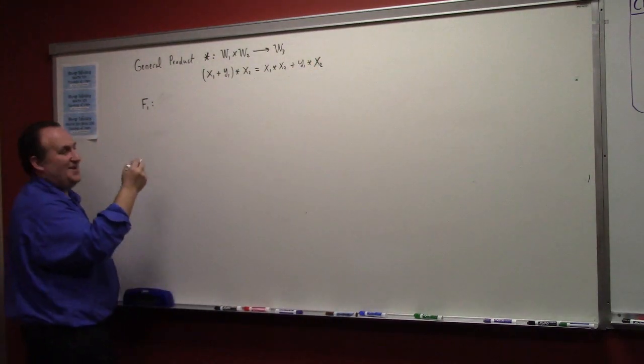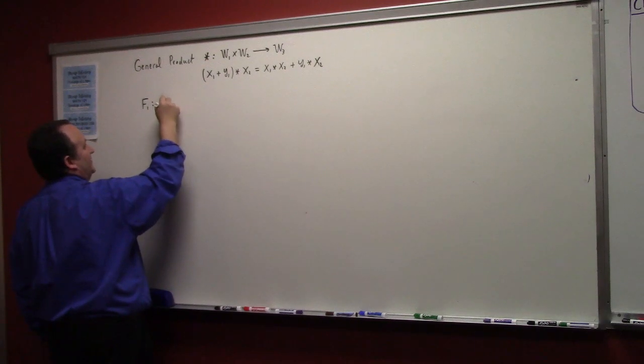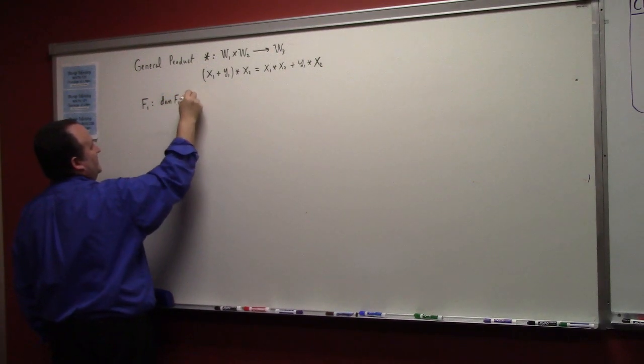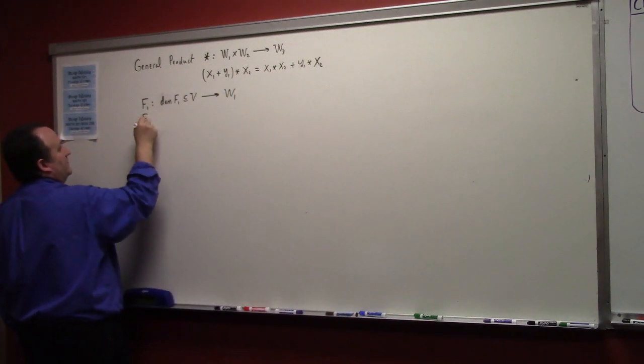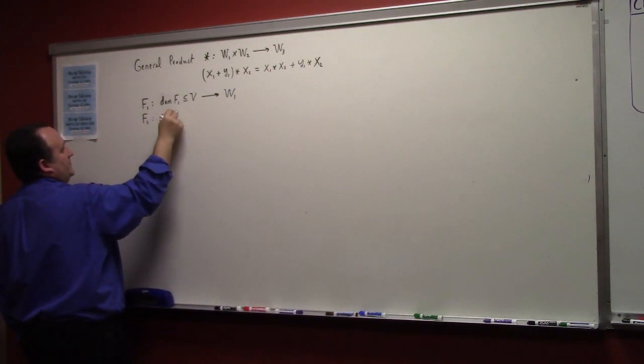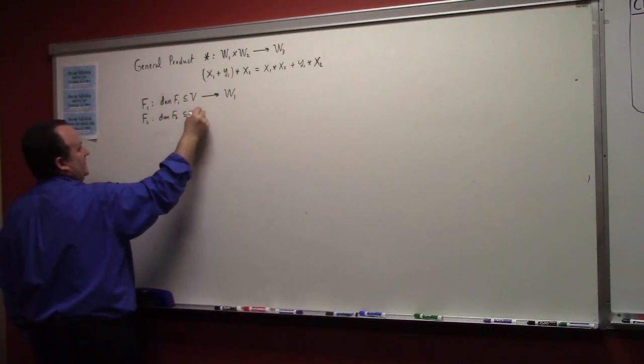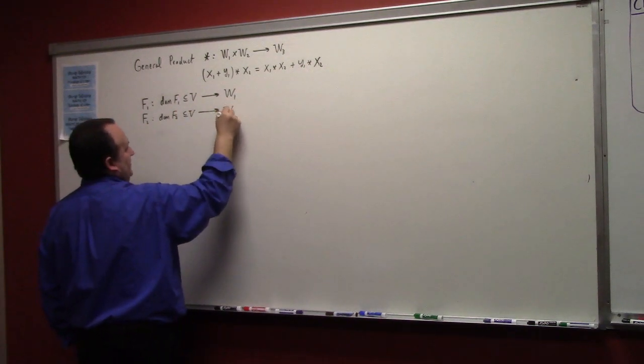So F1 is from the domain of F1, say a subset of V, and we'll let it be W1 valued. We could let F2 be from the domain of F2, which is a subset of V, and it'll be W2 valued, right?